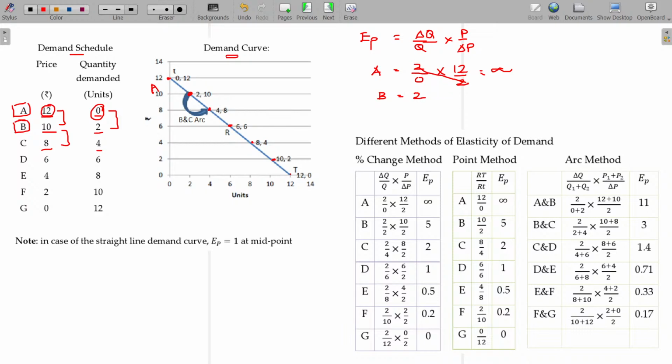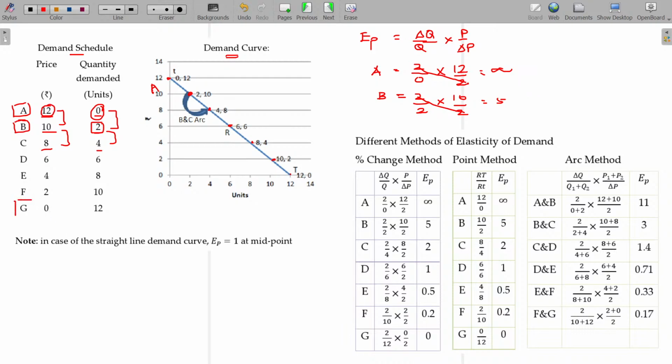So the change in quantity demanded being 2 from the base being 2, multiplied by the price existing 10, divided by change in price, which is 2. Okay, good. You have given me the answer correctly. Fine. Okay. So it goes on.